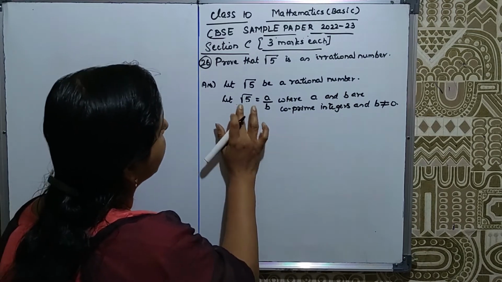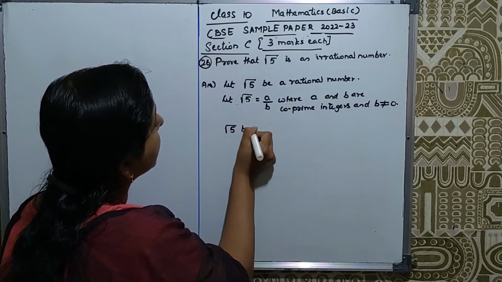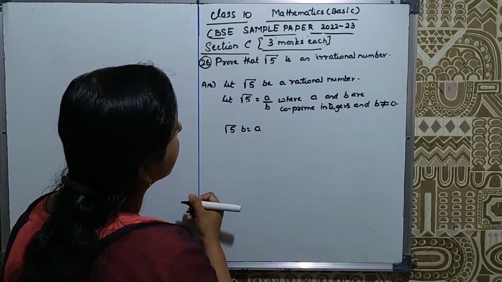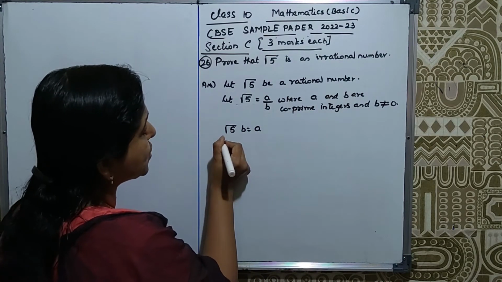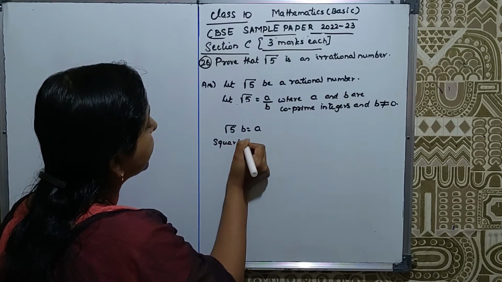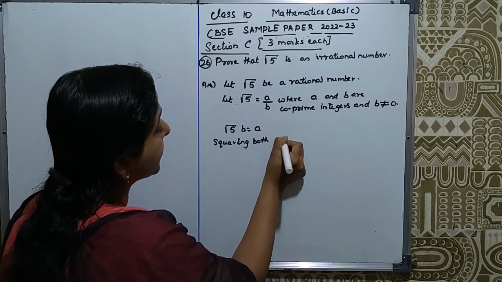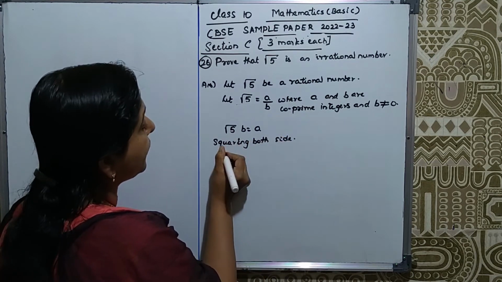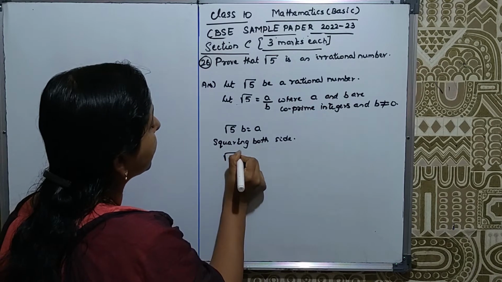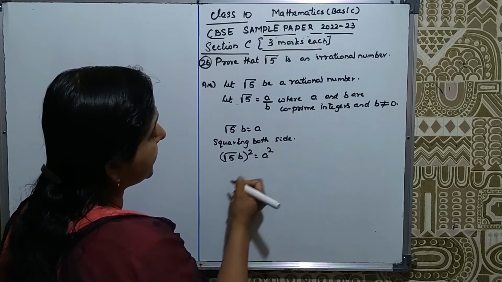I will cross multiply. So root 5 b equal to a. I will square both the sides. So (root 5 b) the whole squared equal to a squared.